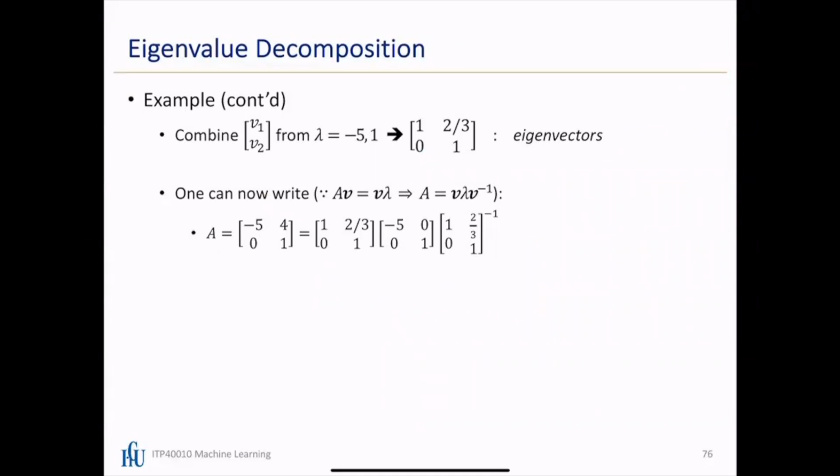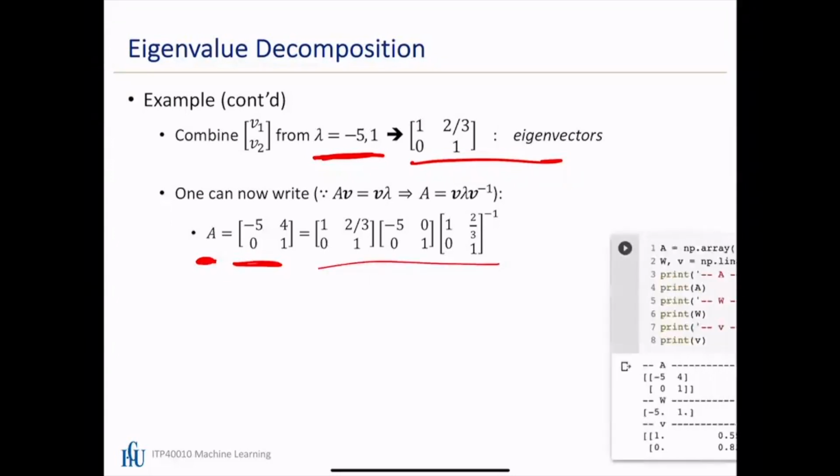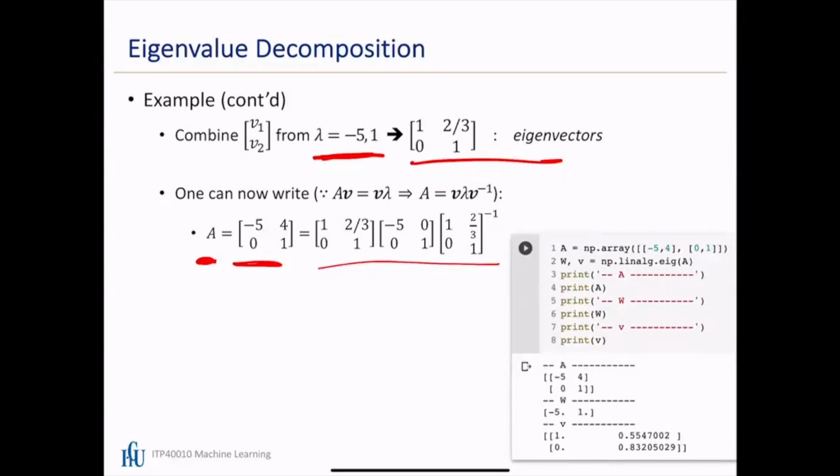So eventually you can summarize the result in this way. We're given lambda, where this is my eigenvectors. So we're writing the original matrix A like this, where this is one way to write this down. And here comes the Python code, how to come up with the eigenvalue and eigenvectors.